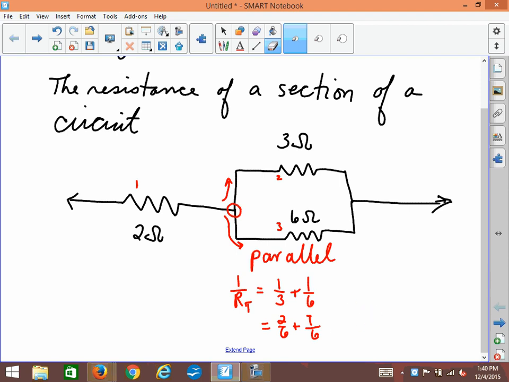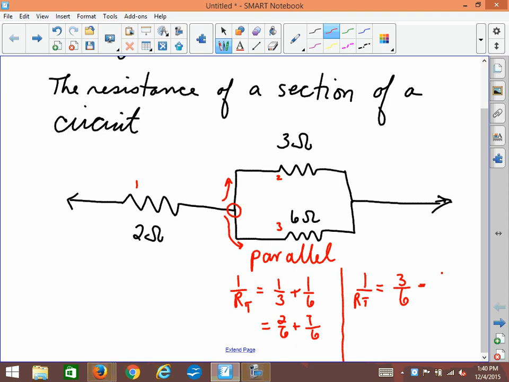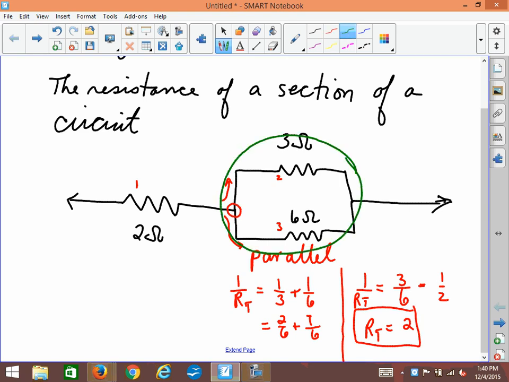Let me just continue it over here. I'll put a line. So 1 over RT equals 3 over 6. Well, 3 over 6 is 1/2. And so if I do the reciprocal, RT over 1 is equal to 2 over 1. So I've discovered that this little piece right here, this entire section of the circuit, has a total resistance of 2 ohms. You see that?